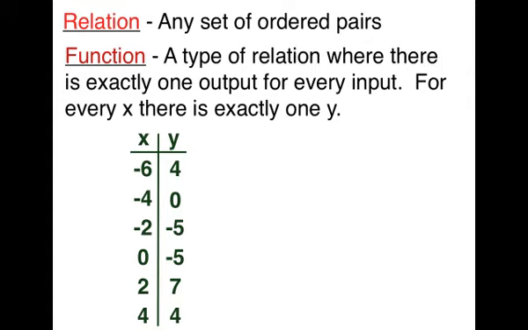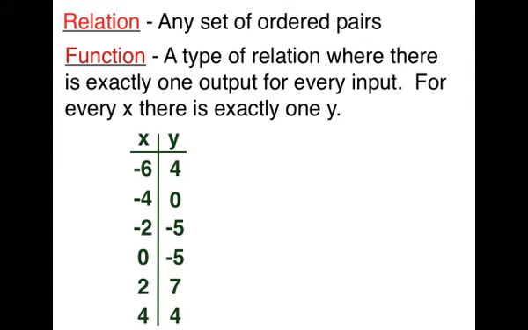Now, when you have a phone number, it reaches one person. So if you dial -6, you're going to get 4 to pick up the phone. Now, some of you might be saying, well, what about -2 and 0? How would it be possible if I dial -2 to get -5, or if I dial 0 to get -5?